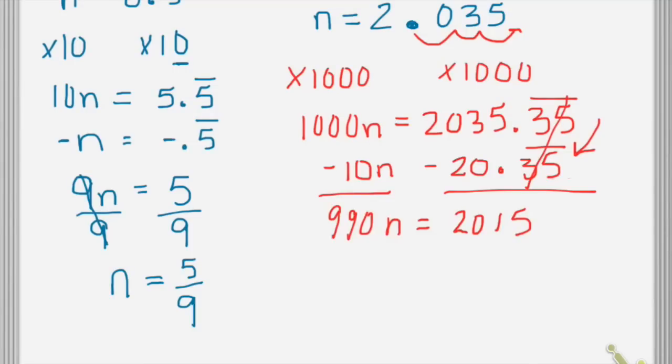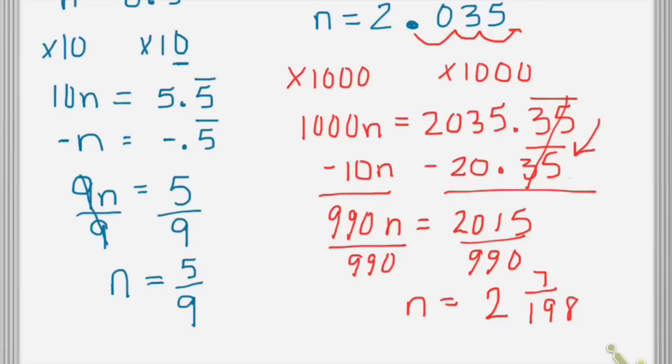When we subtract that from both sides, we get 990n is equal to 2015, and then to get the n by itself, we divide both sides by 990. And then we need to reduce that fraction. When we reduce that, we get 2 and 7 over 198.